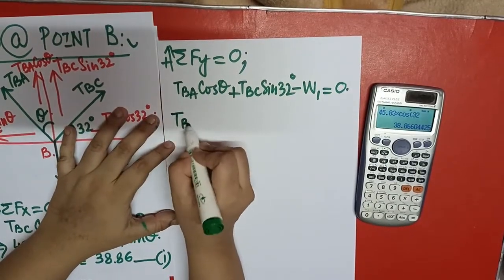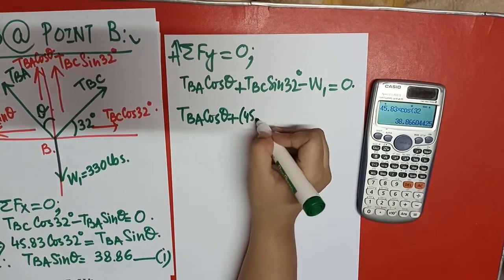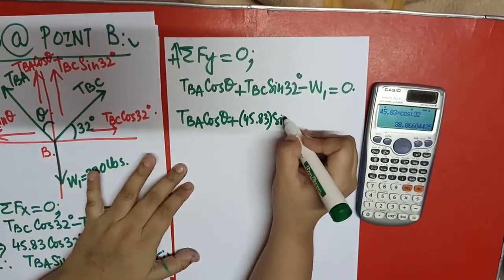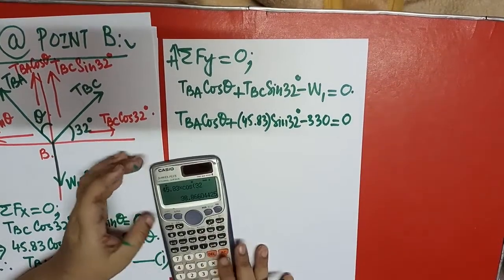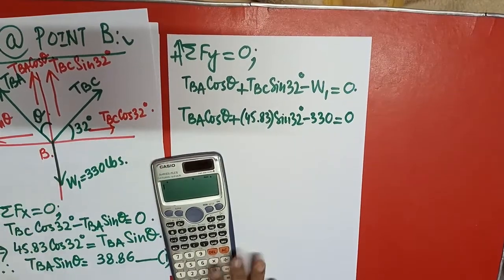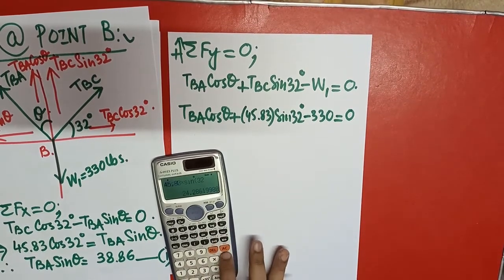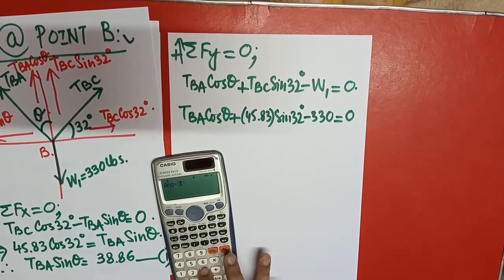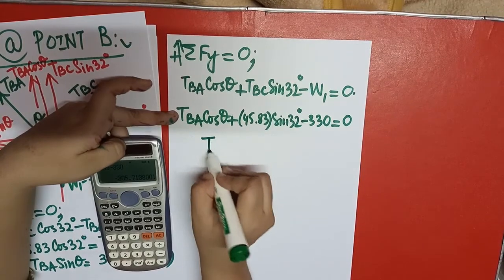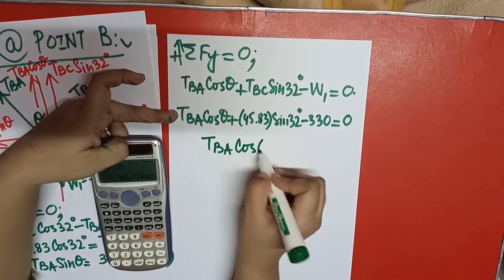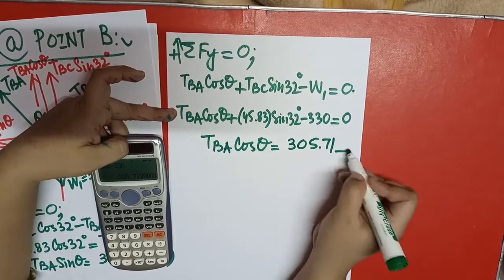I will put the value of TBC, that is 45.83, sin 32 degrees, and W1 is 330, equals 0. So the answer will be 45.83 multiplied by sin 32 degrees minus 330, which is 305.71. So TBA cos theta equals positive 305.71, equation number 2.